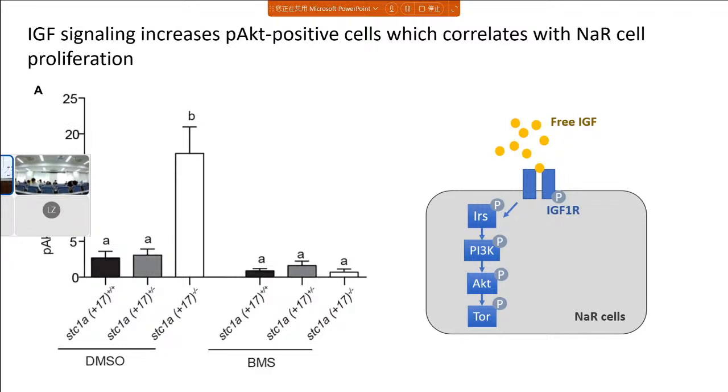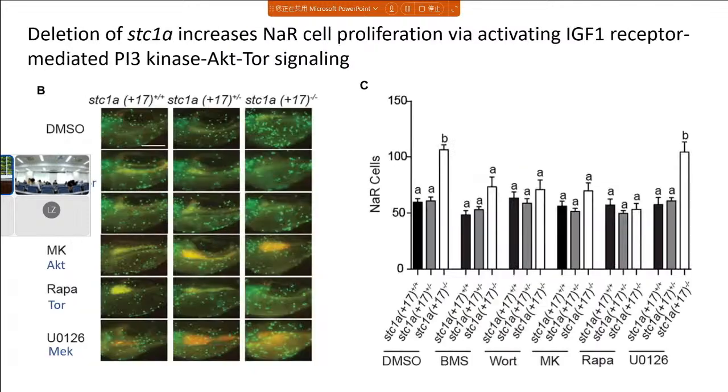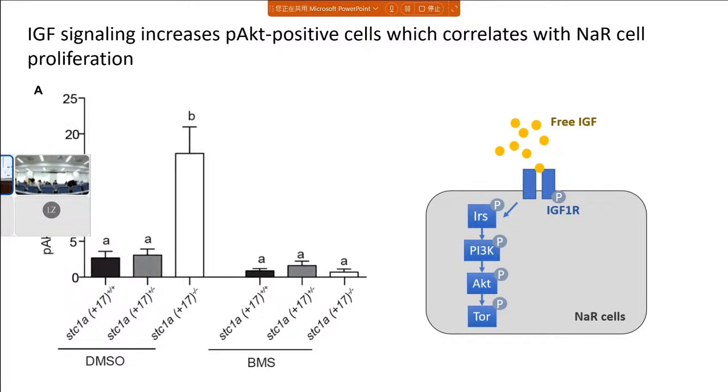As you see, AKT phosphorylation is essential throughout the IGF signaling. So the number of phosphorylated AKT positive cells increased compared to the others.